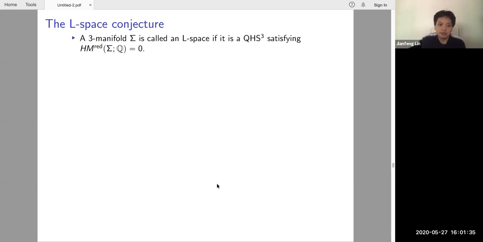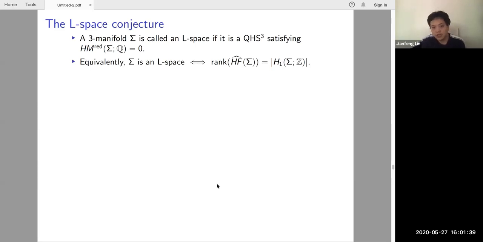Since we know that monopole Floer homology is the same as Heegaard Floer homology, equivalently, Σ is an L-space if and only if the hat version of the Heegaard Floer homology has minimal rank, namely the rank of the hat version Heegaard Floer homology equals the order of the first homology group of Σ. So that's the classical definition of an L-space.